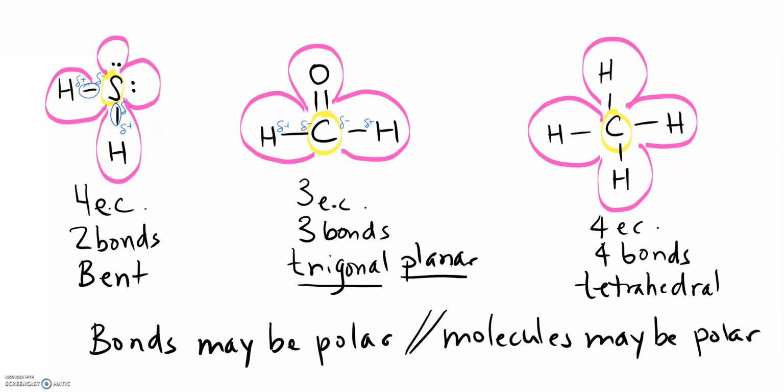Then if we look at oxygen, which I'm just noticing now is missing its unbonded pairs. I was getting too excited in my drawing before. Oxygen is much more electronegative than carbon, so it is going to be a partial negative. Carbon would be a partial positive in this bond. So we've got those polar bonds for each of those.